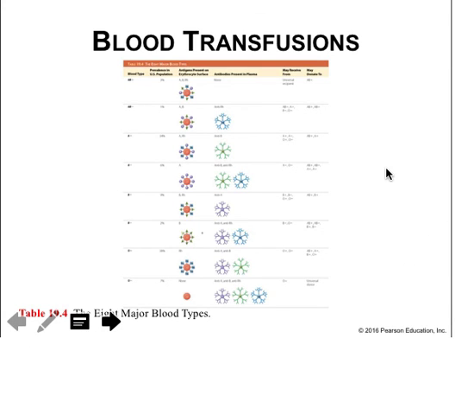So you can see here the eight major blood types. Now, an important thing to point out when we're talking about blood typing and using this terminology: when we say that somebody is A positive or A negative or O positive or O negative, the positive or negative part refers to the presence or the absence of the Rh factor.